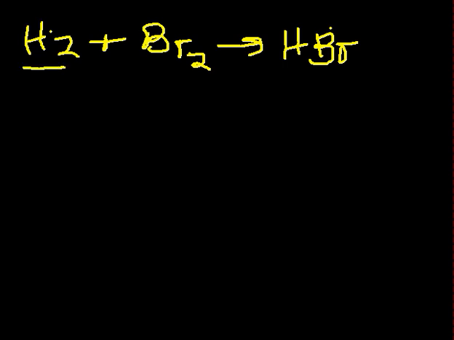Next, we indicate the stoichiometric coefficients in those terms. Let's say A, B, and C. These are the stoichiometric coefficients I'm talking about.